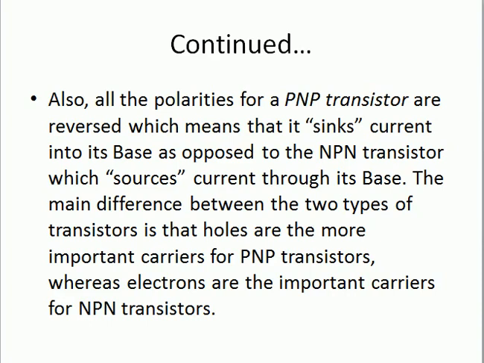The main difference between the two types of transistor is that holes are the more important carriers for the PNP transistor, whereas electrons are the important carriers for the NPN transistor. Now why so? Because in the NPN transistor, N, that is the emitter, is giving us the electrons. So in an NPN transistor, the main current carriers are the electrons.